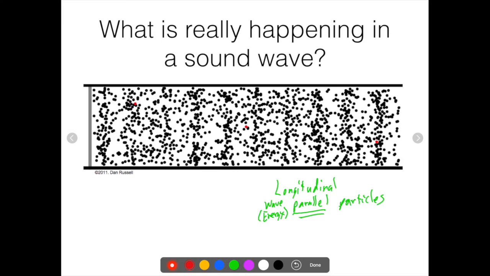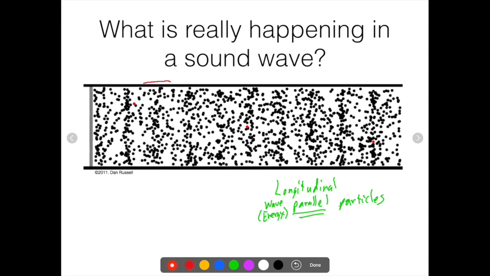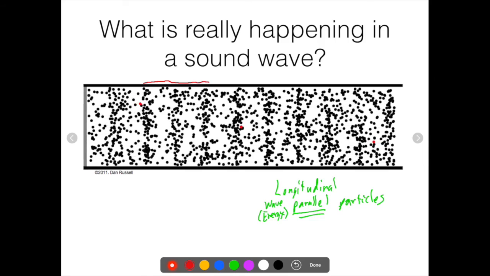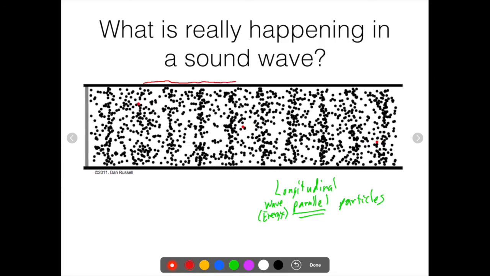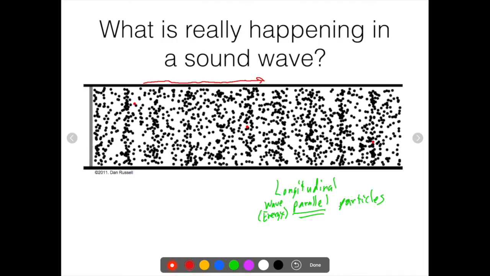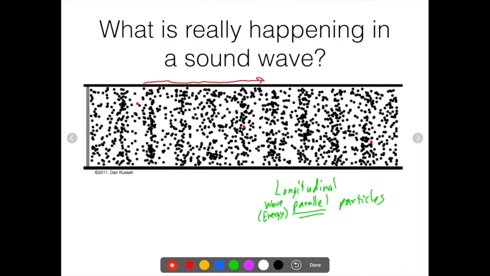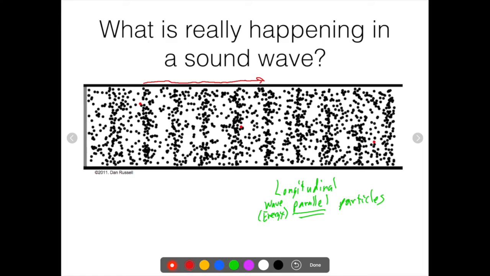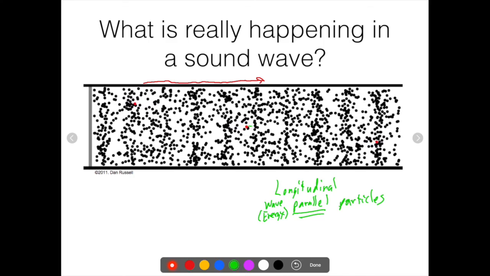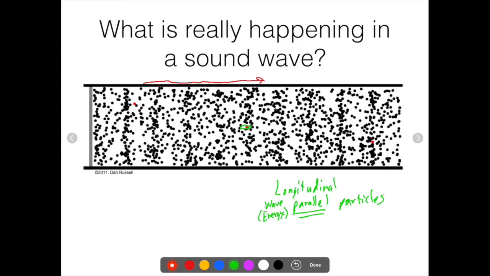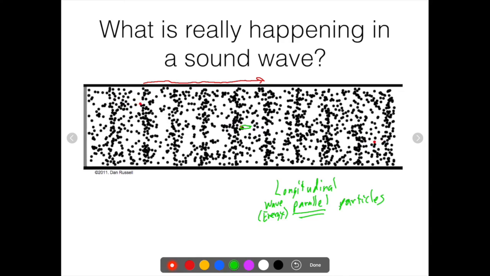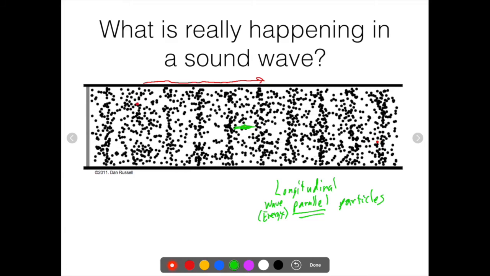Now watch. You can see right here, here's one wave. See how that wave, I'm staying right above that mass, is moving over to the right. By looking at the picture, you can see the energy in that wave is moving to the right. However, again, recognize that single point. Look at this guy right here. What is he doing? He's just moving right and left.